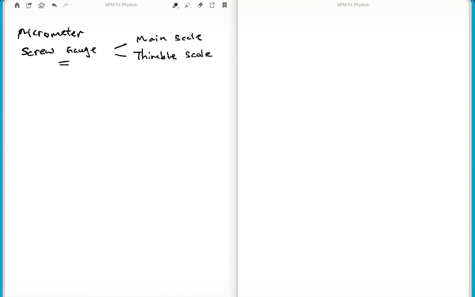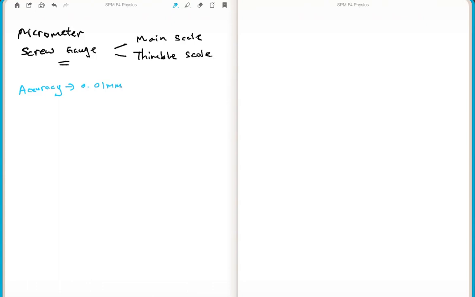You need to close it gently until you hear the click sound. Normally you measure the diameter of a wire, or a thickness, because the accuracy is up to 0.01 mm. So that's the difference. The micrometer screw gauge is 0.01 mm, whereas the vernier is 0.01 centimeter.